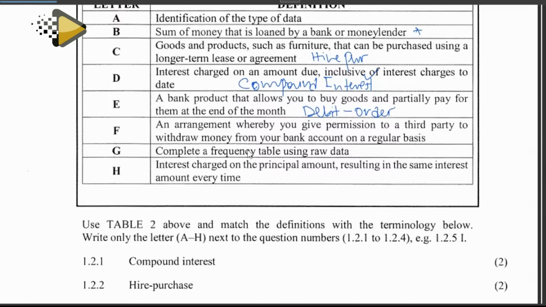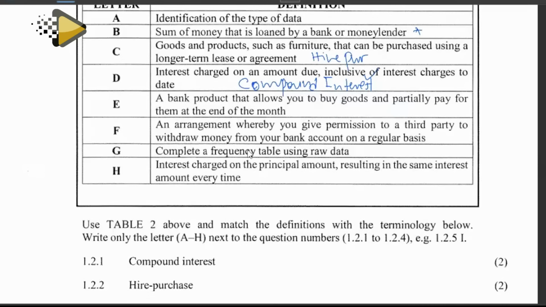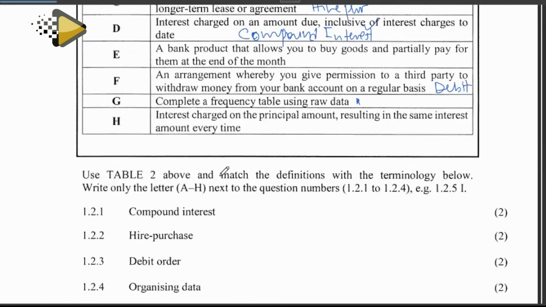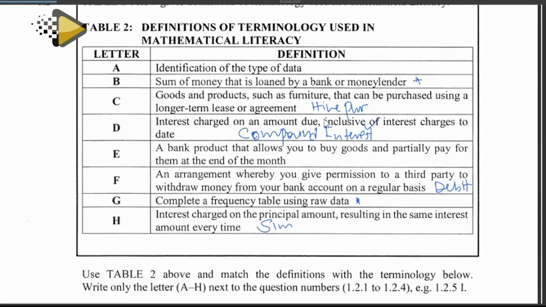Then we have an arrangement, the debit order is this one. An arrangement, this is the debit order. Complete a frequency table using raw data, organizing data. Then interest charged on the principal amount resulting in the same interest, this could have been simple interest. All right.